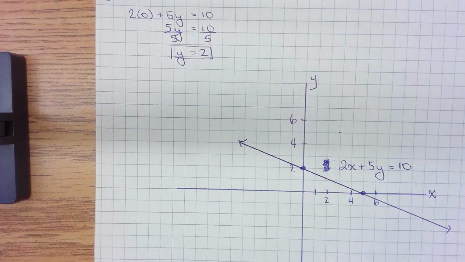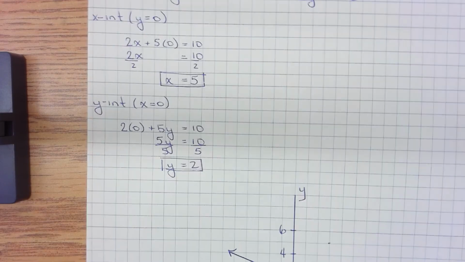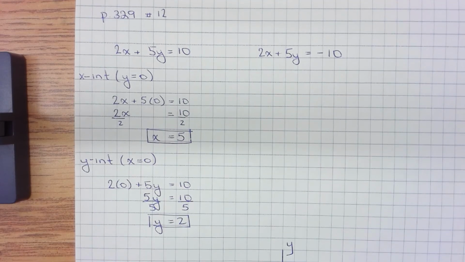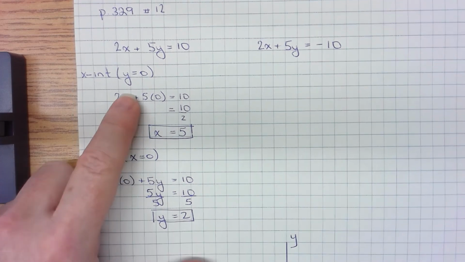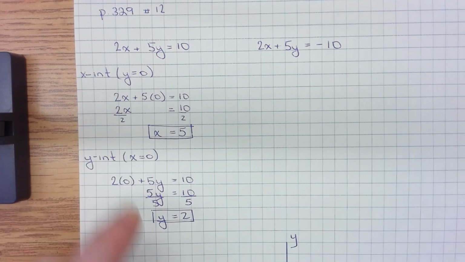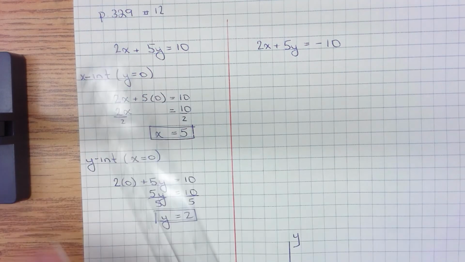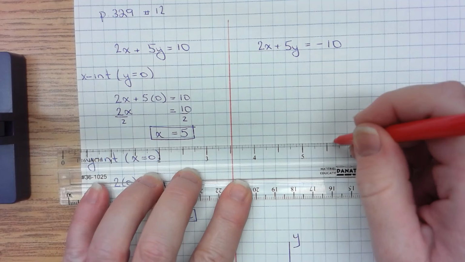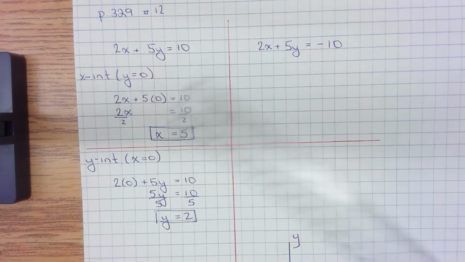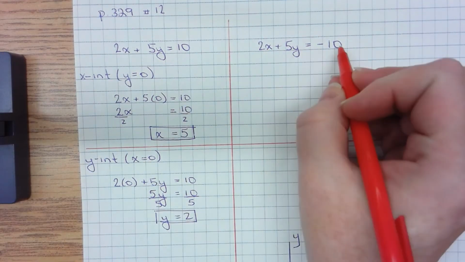Now I want to do the other equation. So I have 2x plus 5y equals negative 10. The first thing I'm going to do is calculate my x-intercept for this equation. I'm just going to split this up so that we can actually see the different parts. So 2x plus 5y equals negative 10.